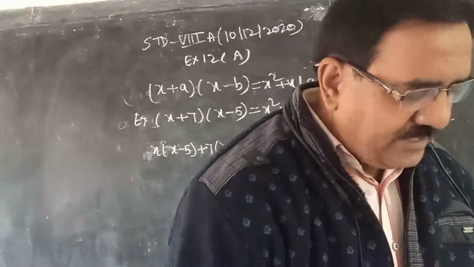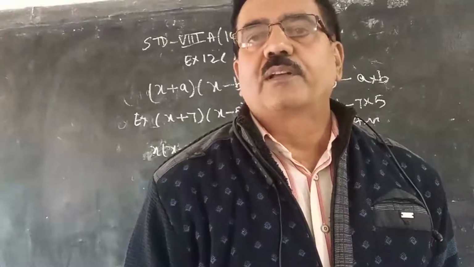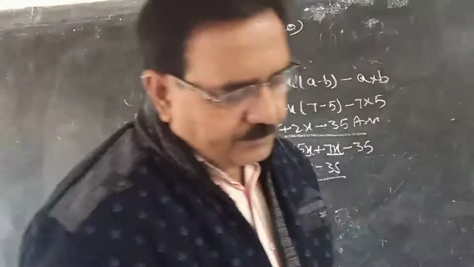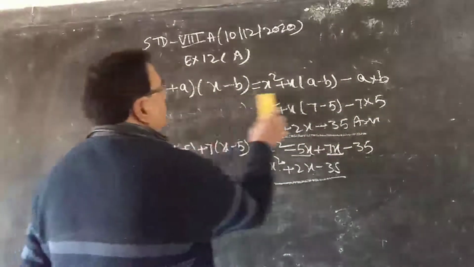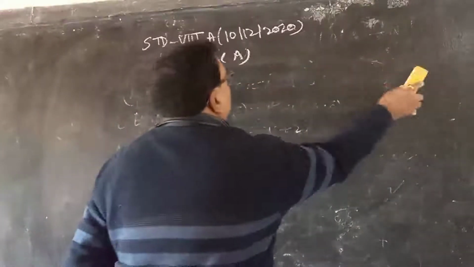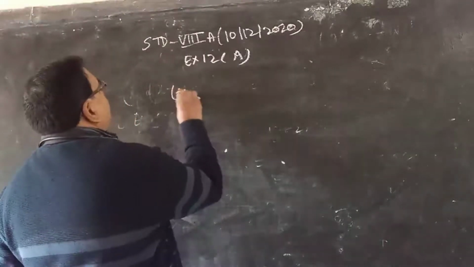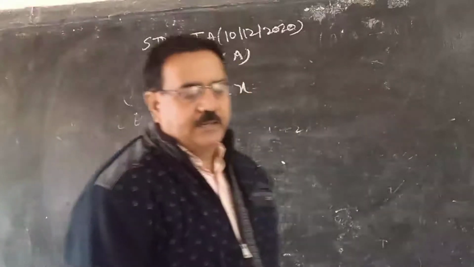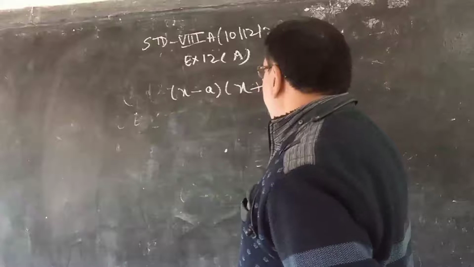Two more formulas are there that I am going to explain to you. Not formulas, you can say that after multiplying, the result is written. Here: (x - a) in the first bracket and (x + b).